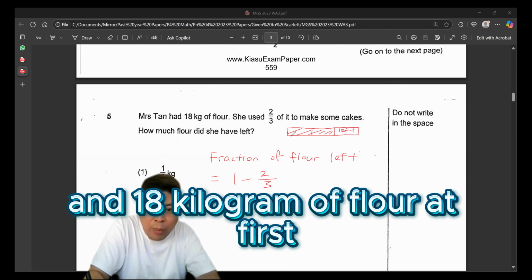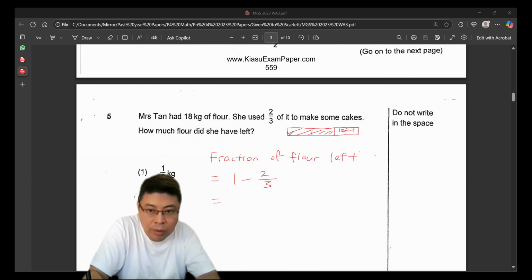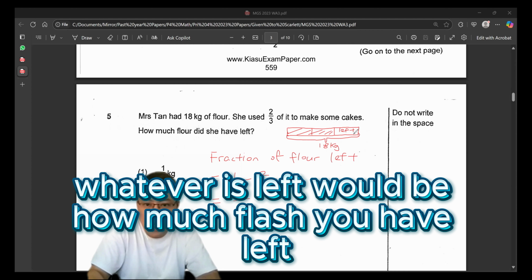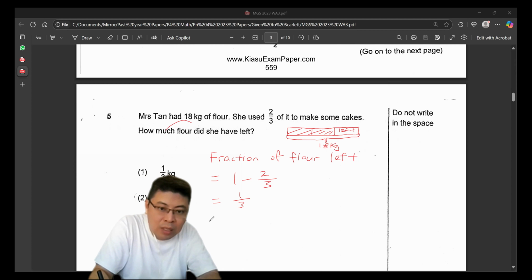And 18 kilogram of flour at first. So you can see 1/3 is left, right? So whatever is left will be how much flour she has left.